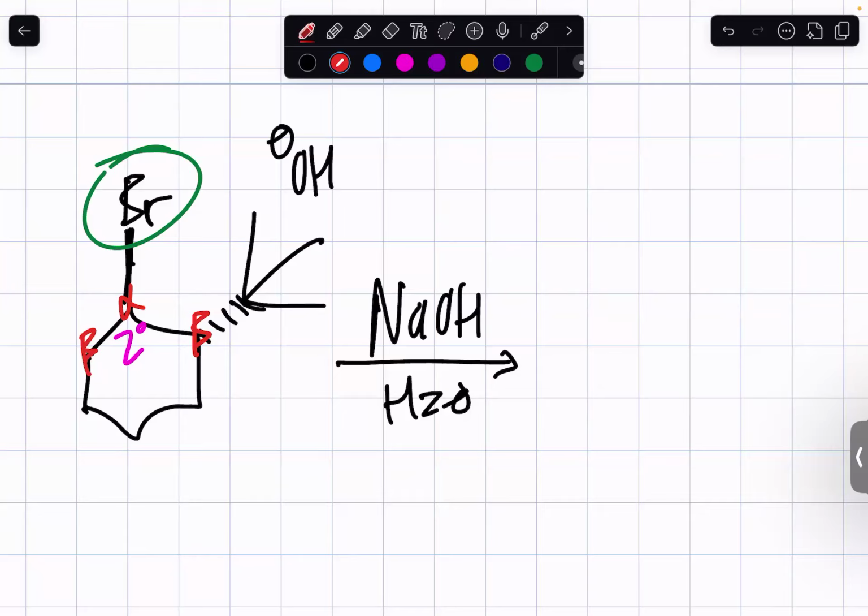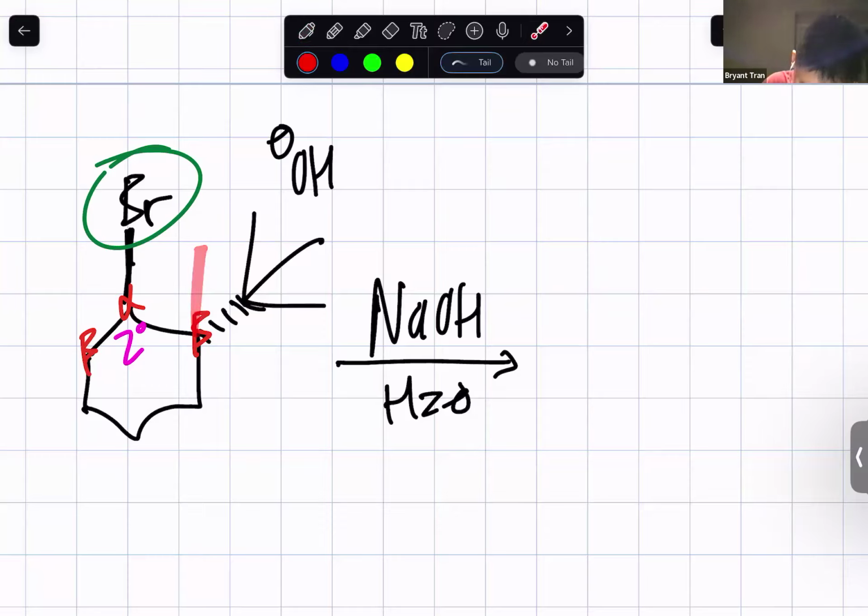The one with the tert-butyl. So this one right here, because it's more substituted. That's what we've been saying in the previous examples.